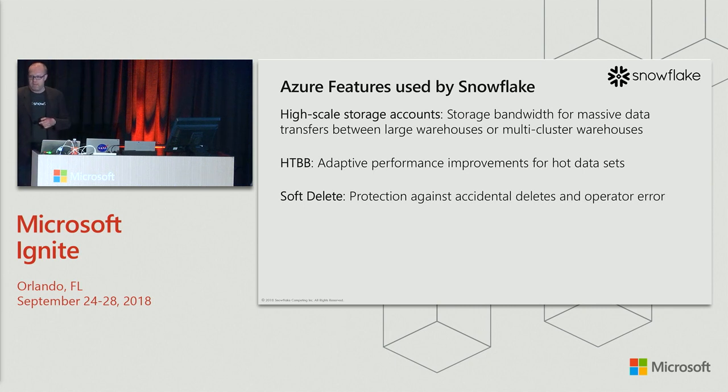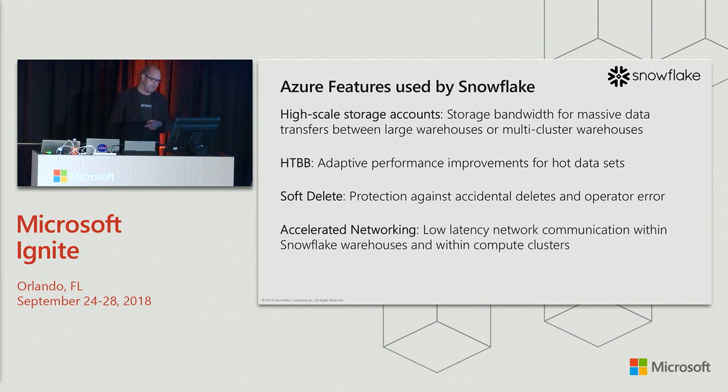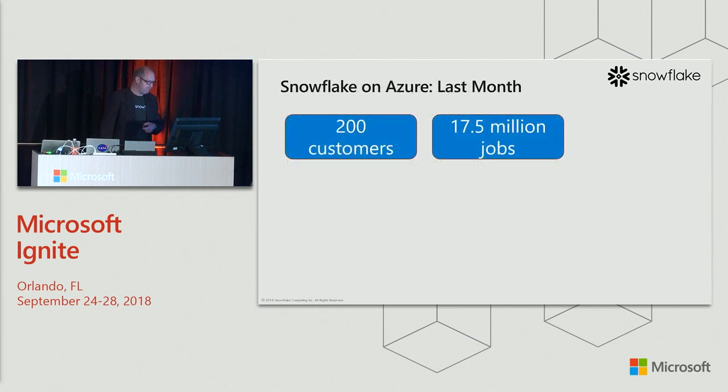A feature that we've embraced during preview was soft delete, which protects us against accidental deletes on the customer side, but also against operator error on our end. And then last but not least, we are using accelerated networking, and that helps us with low latency communication within a cluster or within a warehouse for cross-node communication.